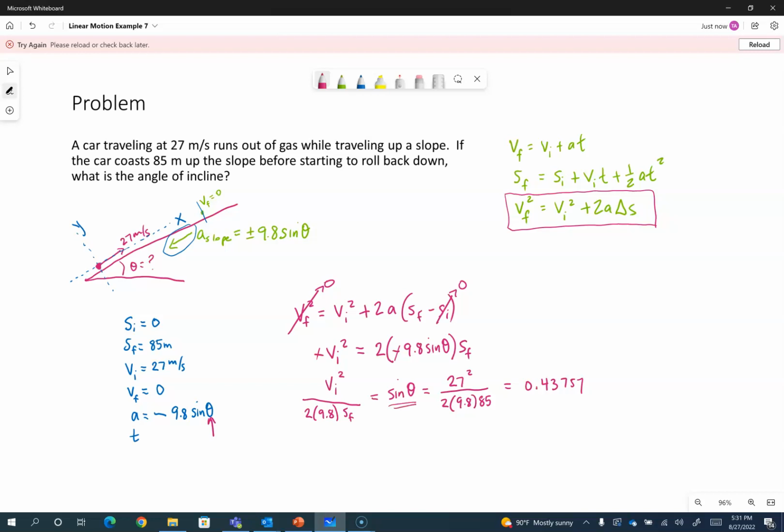So right now we have that the sine of theta is equal to this number. In order to solve for theta, we just need to take the inverse sine or arc sine of both sides. So theta will be the inverse sine of this number.